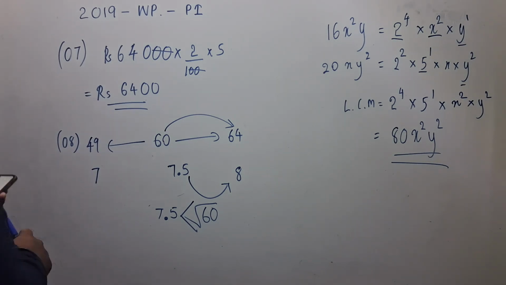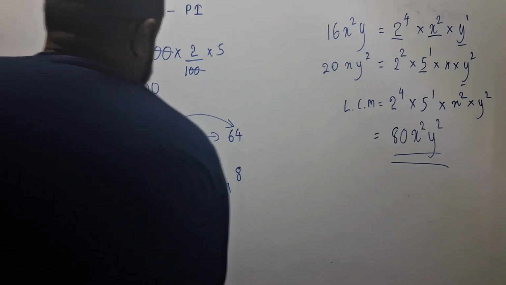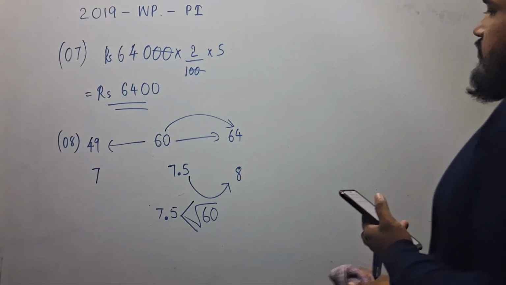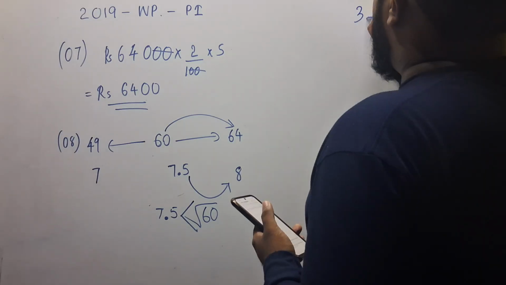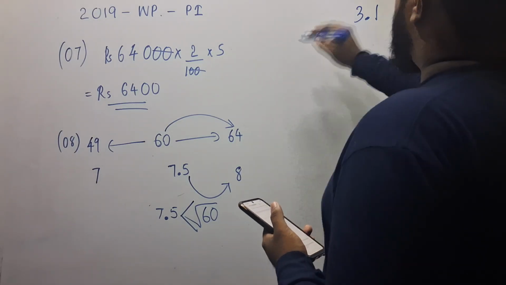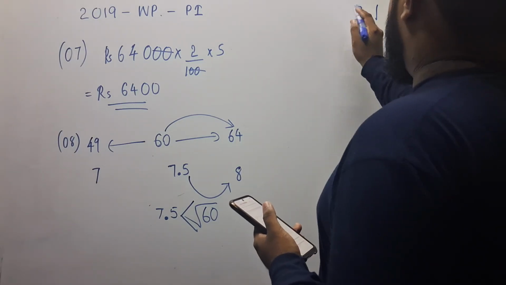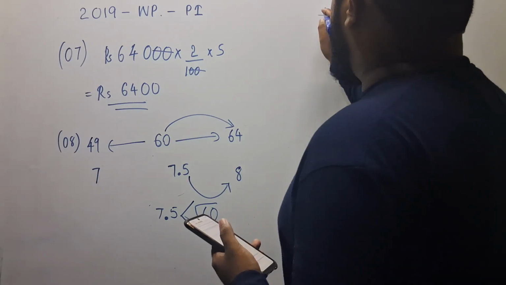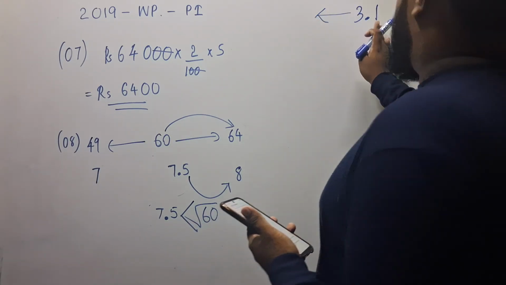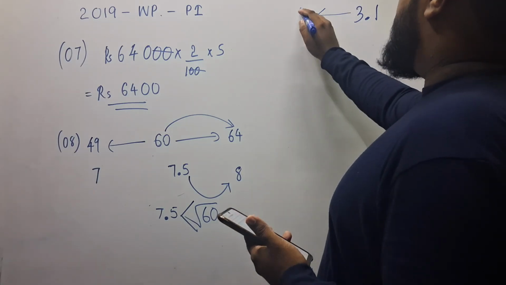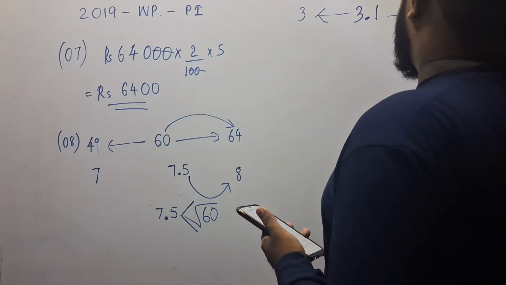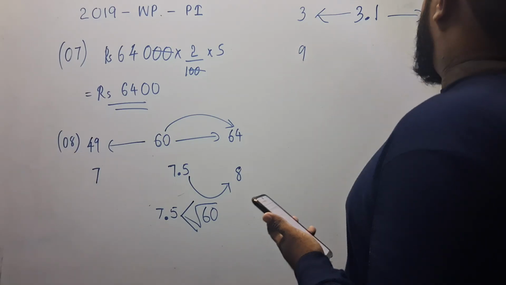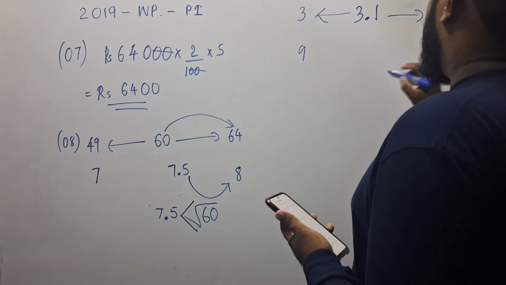So, in the given question, they have given the square root value 3.1. Closer to which one? What are the whole numbers beside 3.1? From one side there is 3, from the other side there is 4. 3 squared is 9, 4 squared is 16.